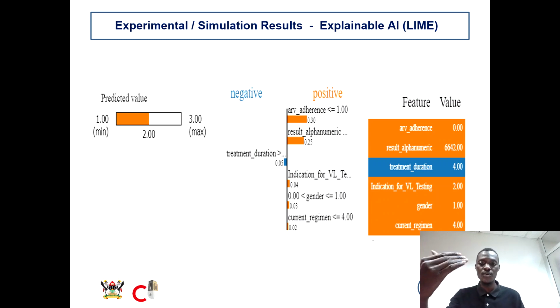But if it is more than the average, or the mean, sorry, it means that it is contributing to what we want, and what we want is to find out the patients that are more likely to move from one treatment line to another in future, as long as we have these particular features.